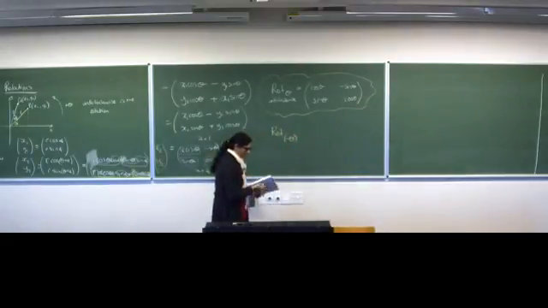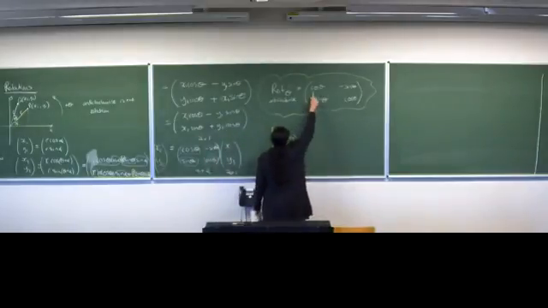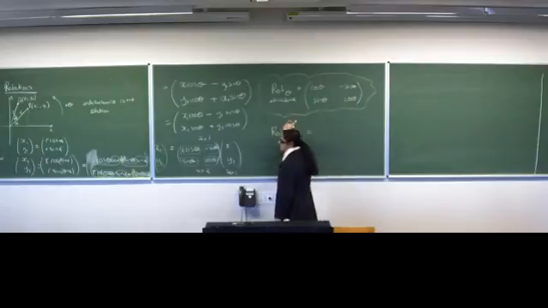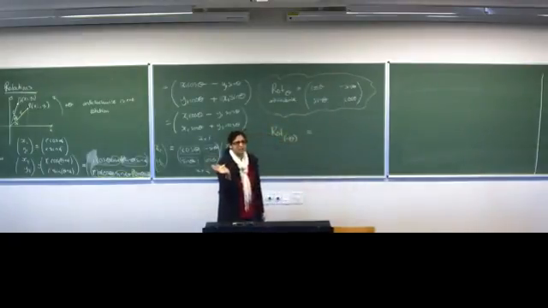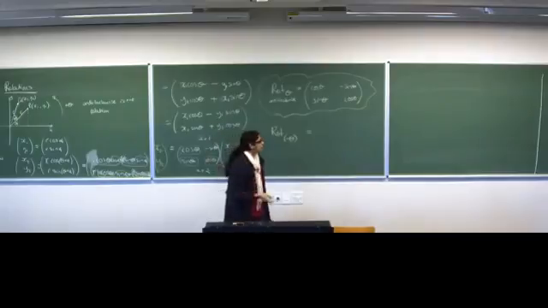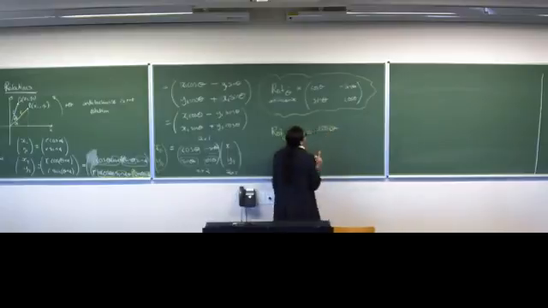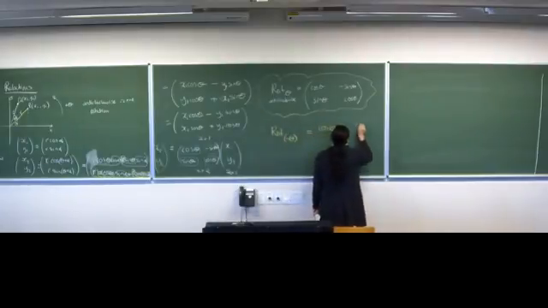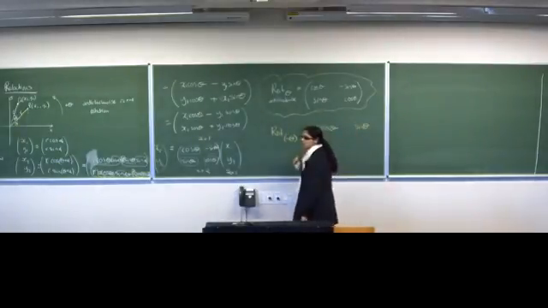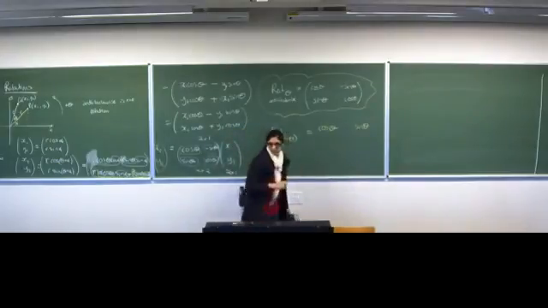And then you say cos of minus theta, but cos theta is even. So cos of minus theta is simply cos theta, and sine of minus theta is minus sine theta because it's odd. Am I going too fast?